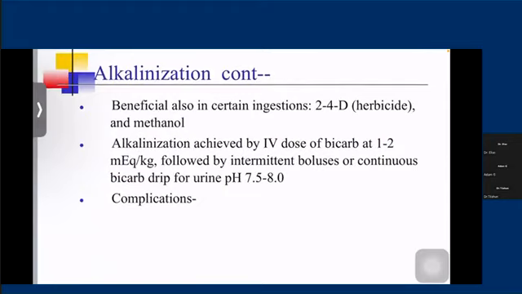We can also consider it for 2,4-D and alcohol poisoning. Alkalinization is usually done by giving sodium bicarbonate at a dose of 1 to 2 milliequivalents per kg. There are associated complications: worsening of hypokalemia, hypernatremia, fluid overload, metabolic alkalosis, and so on. So when we administer such medication, we have to anticipate the complications and treat accordingly.